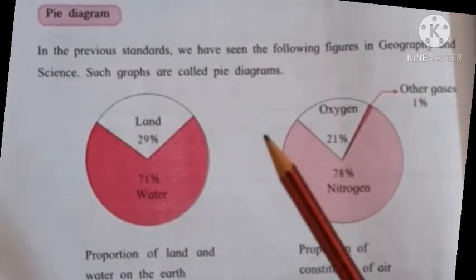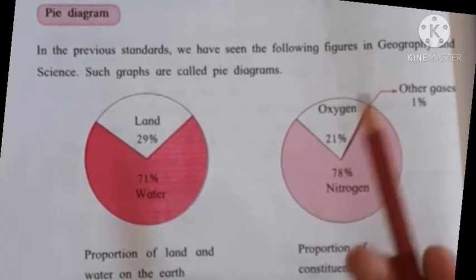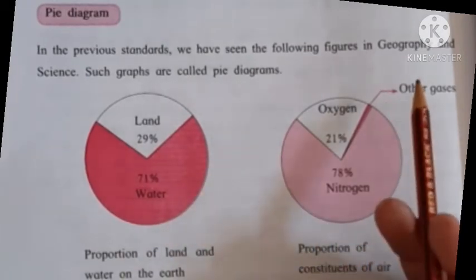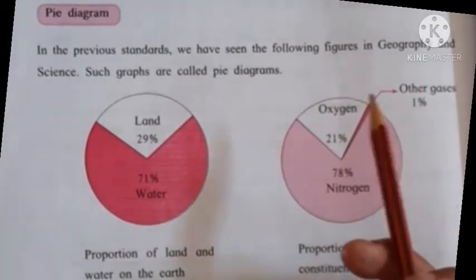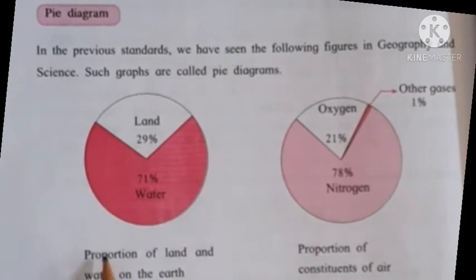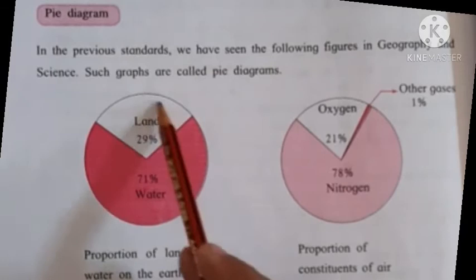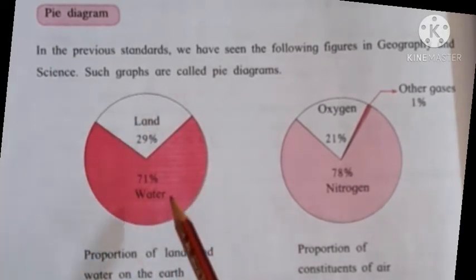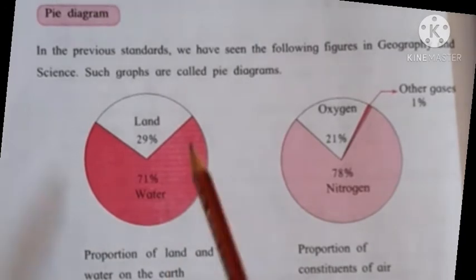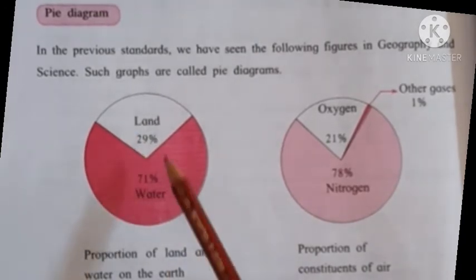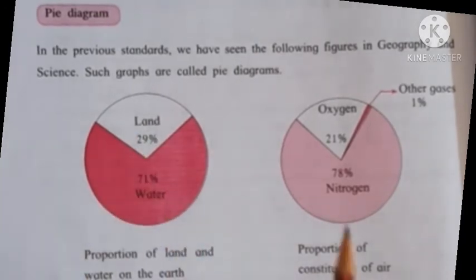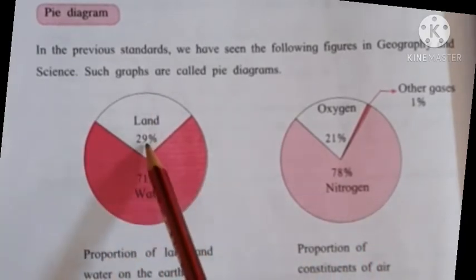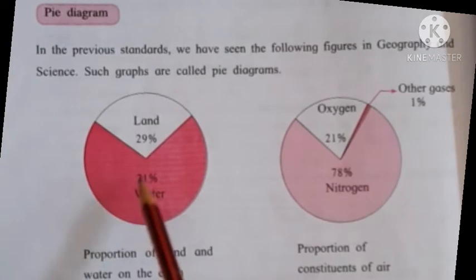In previous standards we had learned many figures in geography and science, such as, see the figures here, proportion of land and water on the earth. Here given is the figure about the proportion of land and water on the earth. There is 29% land and 71% water. And the second figure, this figure is related to geography.